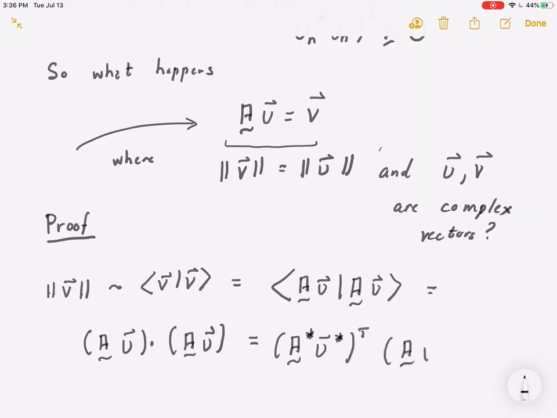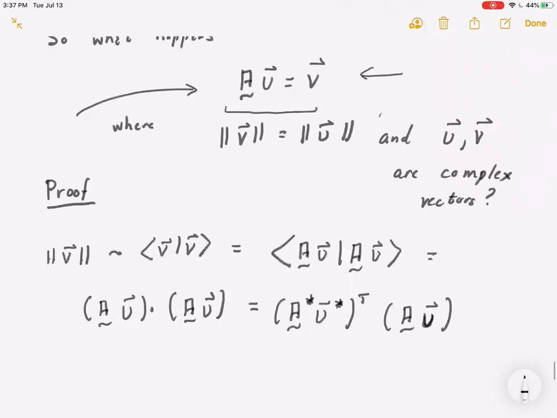So I don't know anything about A other than the fact that U and V are complex. A might be real, it might be complex, it might be partially real. It may have matrix elements that are complex, it may have matrix elements that are real. So the safest thing to do is assume I know nothing about A other than it's a matrix, and it satisfies this matrix vector equation, and it satisfies matrix multiplication.